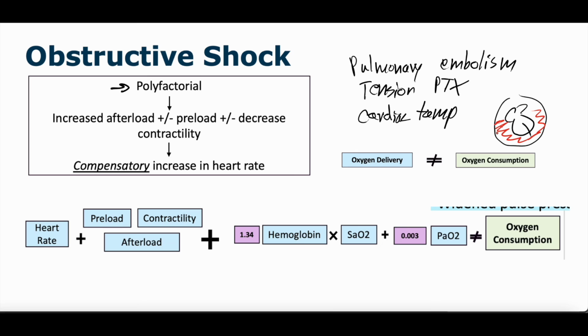And if this fluid is filling up and up, it will also compress on the heart, so it can't get enough preload to fill the heart, and thus it can't pump blood out.